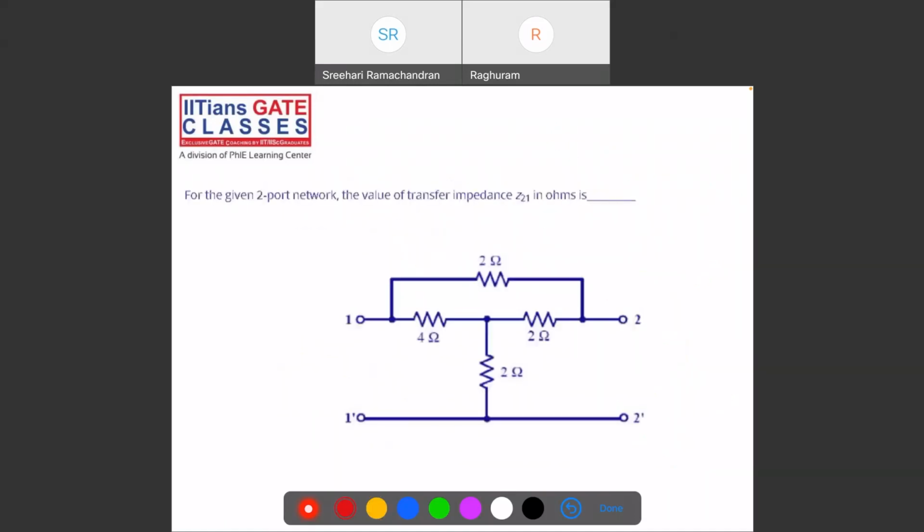So again, this one, the value of transfer impedance Z21. Try to do this. Tell me, how do you want to do this?